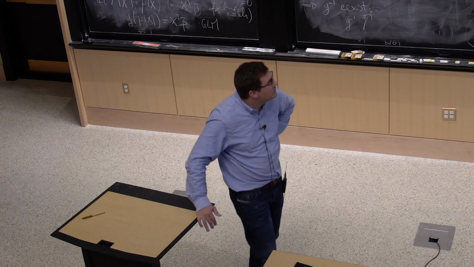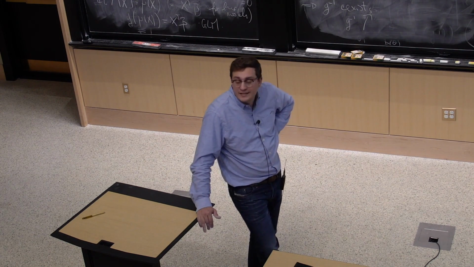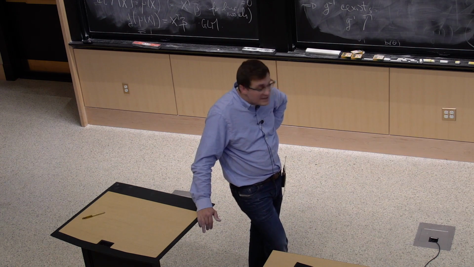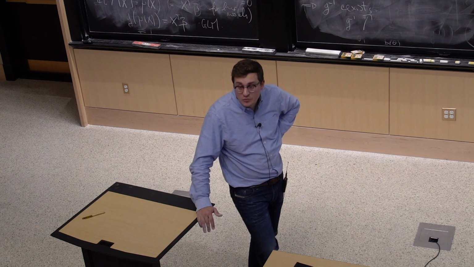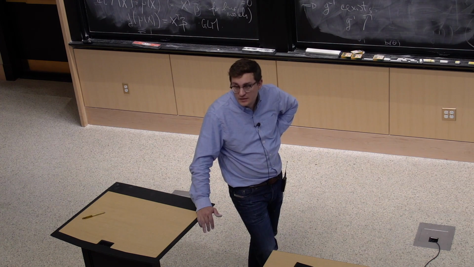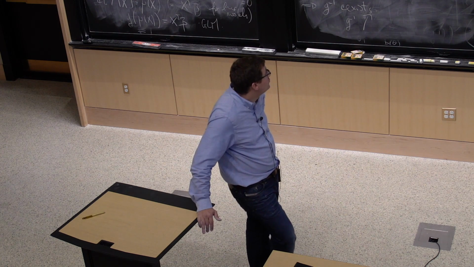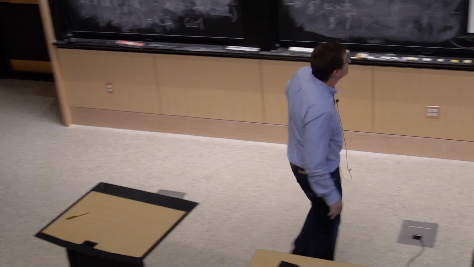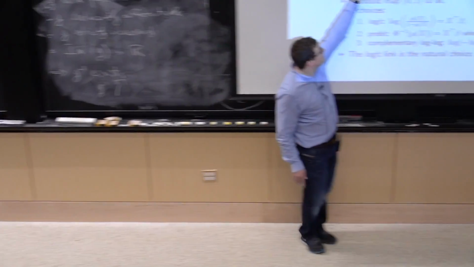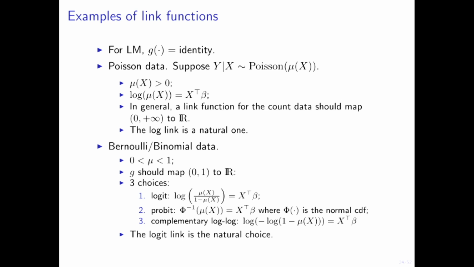For Poisson data, when we assume that the conditional distribution of y given x is Poisson, then mu, as I just said, is required to be positive. So I need a g that goes from the interval 0, infinity to the entire real line. I need a function that starts from one end and takes not only the positive values but splits between positive and negative values. And here, for example, I could take the log link, right?